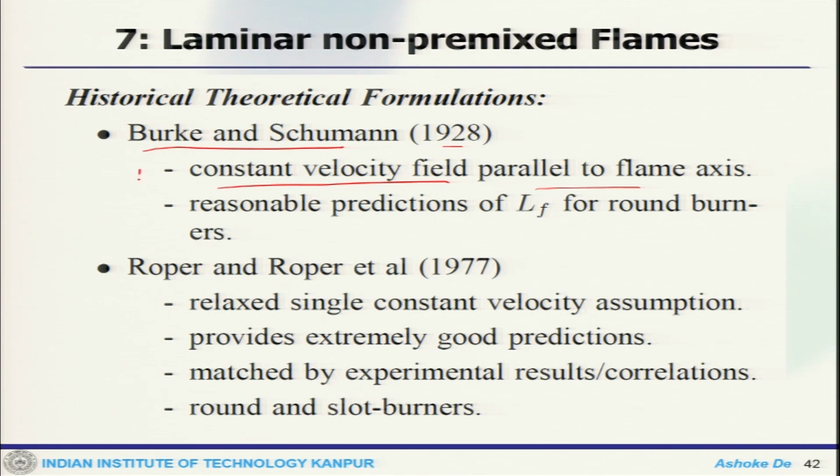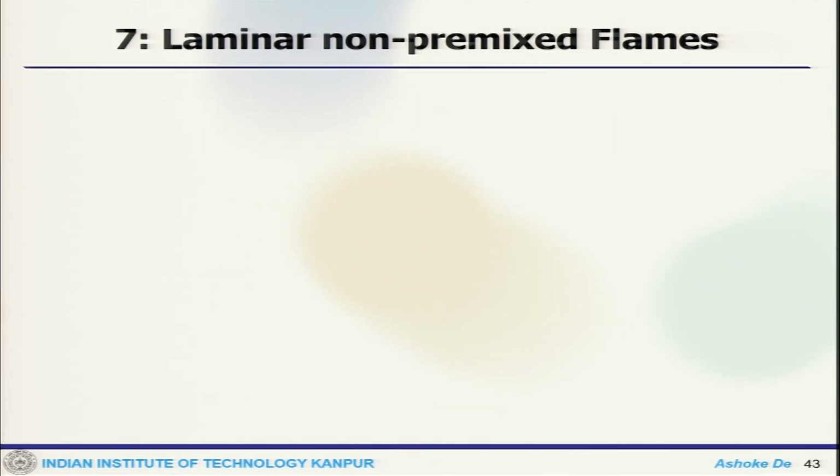Then in 1977 Roper and Roper relaxed the single constant velocity assumption. This provided an extremely good prediction and their data also matched the experimental observation, and this was valid for round and slot burners. So, these are the historical aspects.